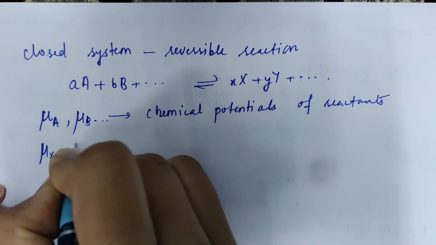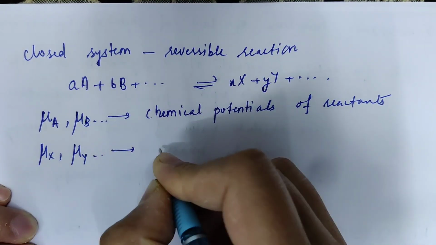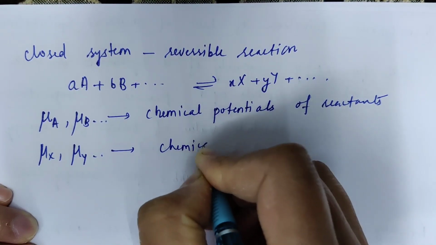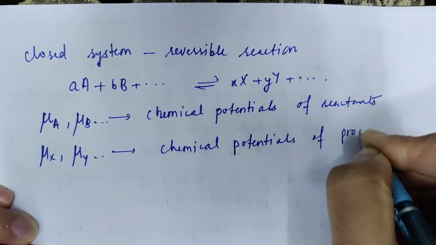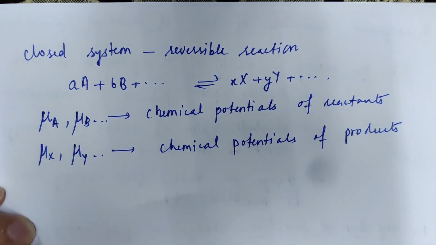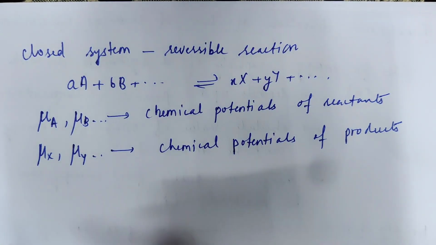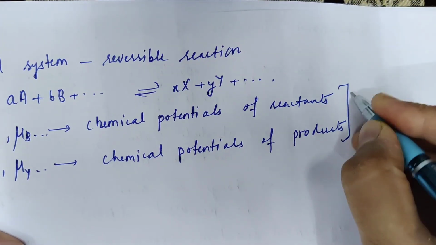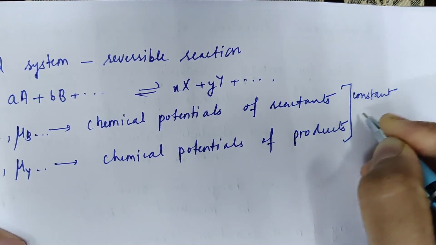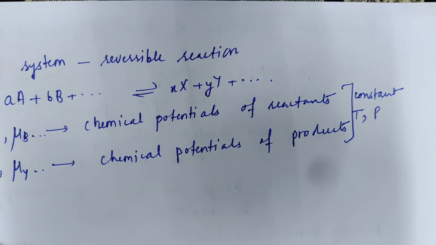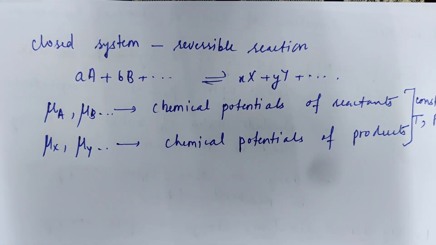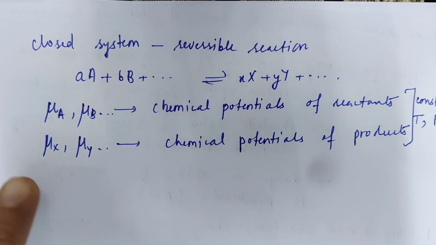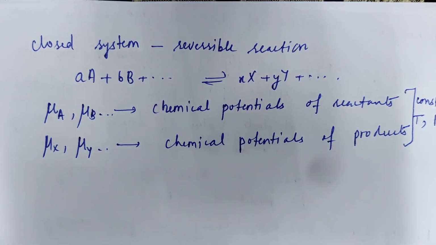Similarly, mu X, mu Y are the chemical potentials of the products. This is at constant temperature and pressure. Now we have to find out the change in free energy of this reaction at constant temperature and pressure.